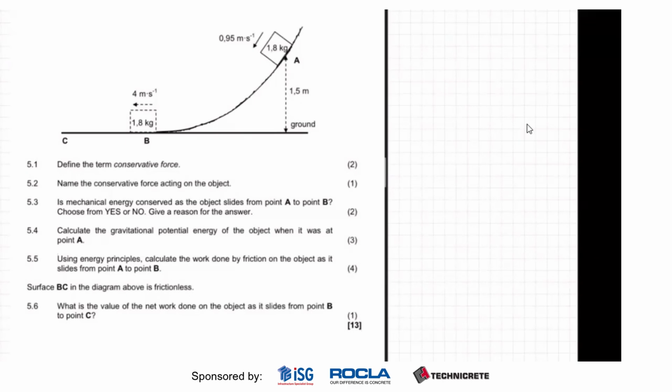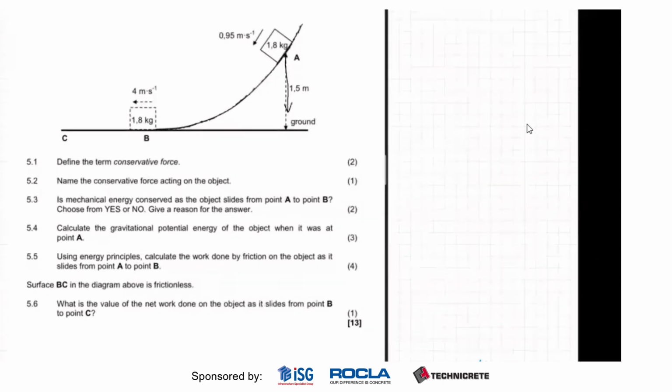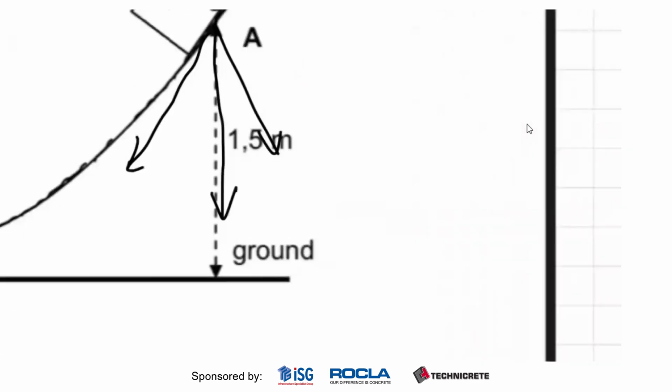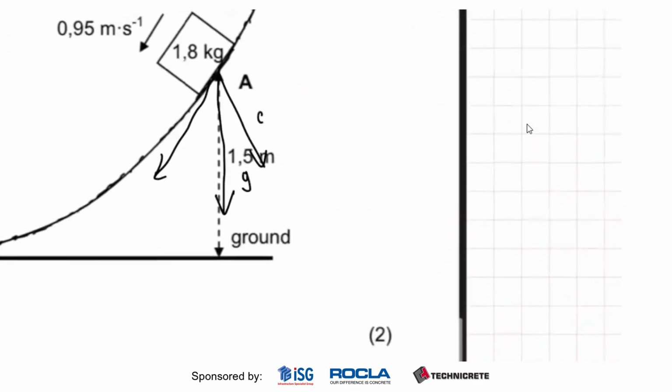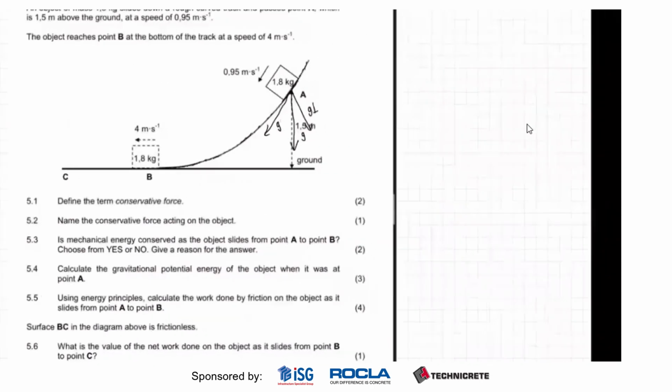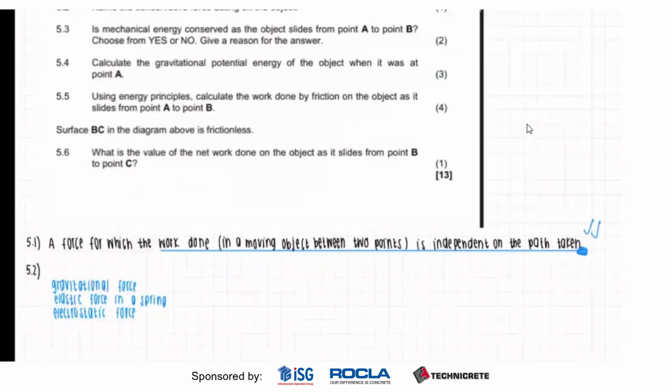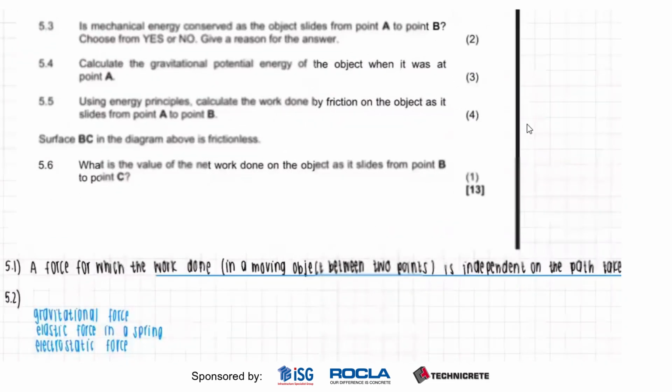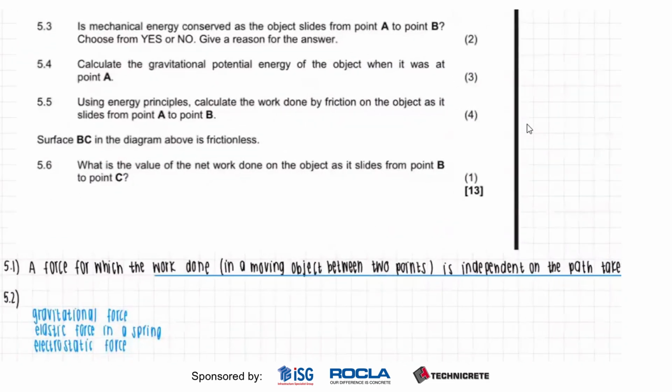Gravity is pulling this block down towards the ground, and pulling it down the slope. We have the different components of gravity, the perpendicular and the parallel, but those are just different components. So the answer for this question, our conservative force, is gravity, so gravitational force.